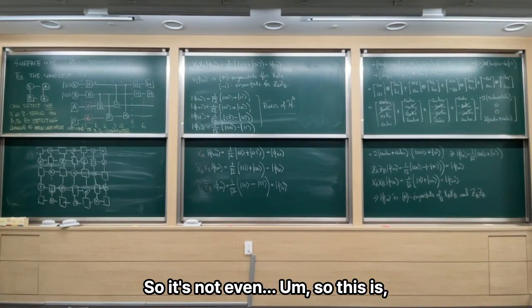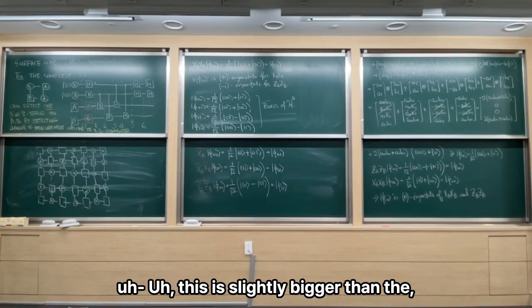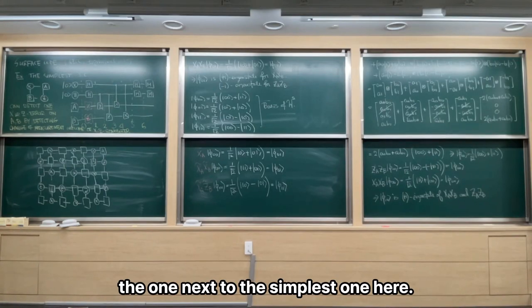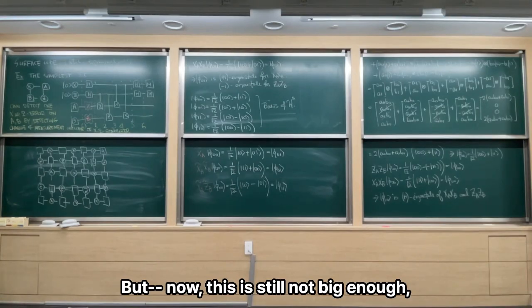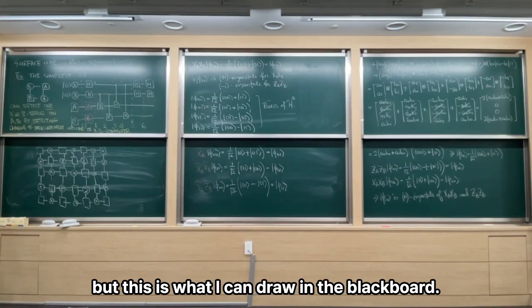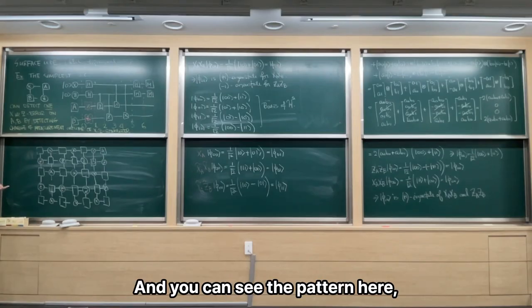So this is slightly bigger than the simplest one, but this is still not big enough. This is what I can draw on the blackboard, and you can see the pattern here.